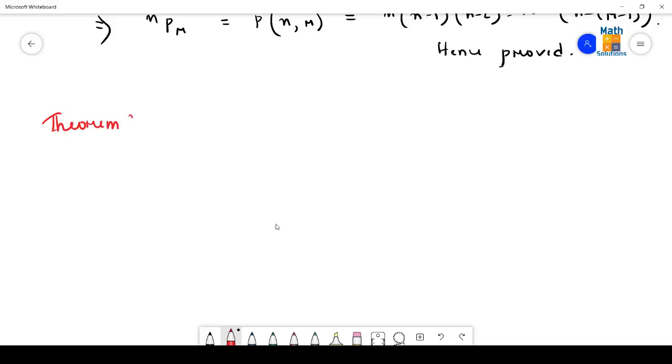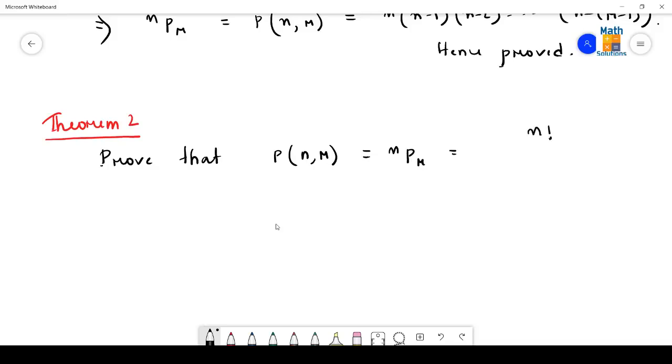The statement is like this: and this theorem is very important, prove that PNR is equal to n factorial divided by n minus r factorial. The concept of factorial already we have learned in my last video. Now let us check the proof part.